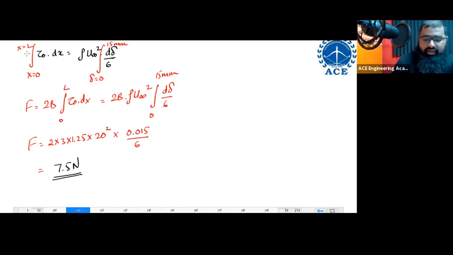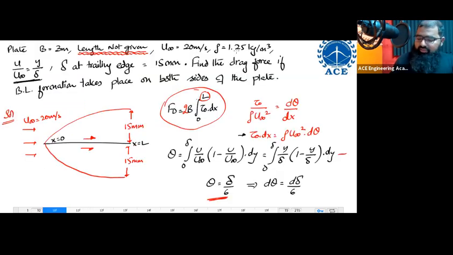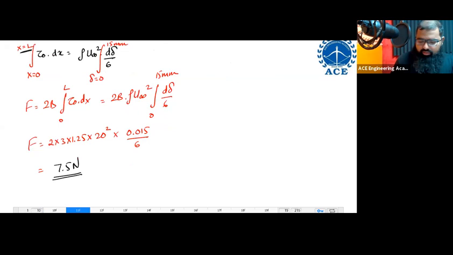We said at x is equal to L, delta is equal to 15 mm. We are putting the corresponding limits over here. Delta at trailing edge is equal to 15 mm was given to me in the question. So trailing edge position is not given to me, but trailing edge delta is given to me. So when we are integrating, we should put corresponding limits over here. That is what I'm doing.